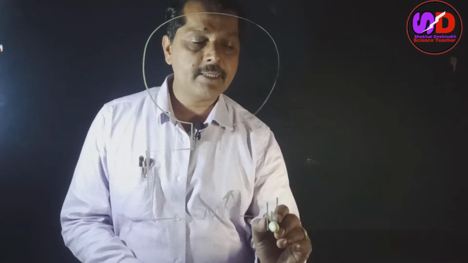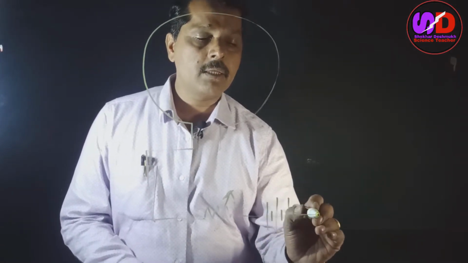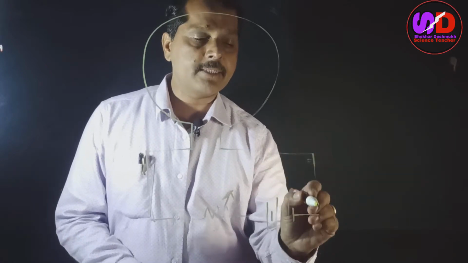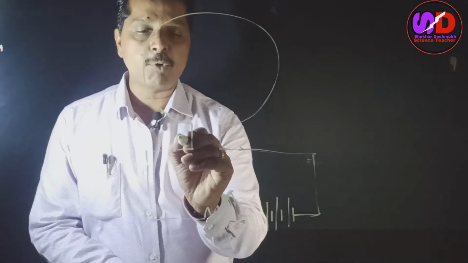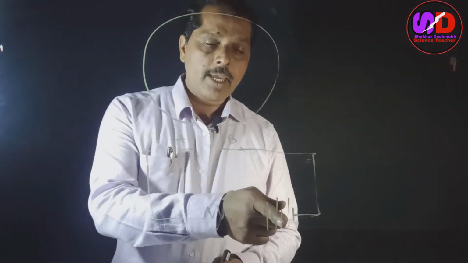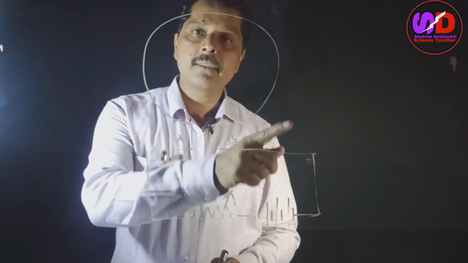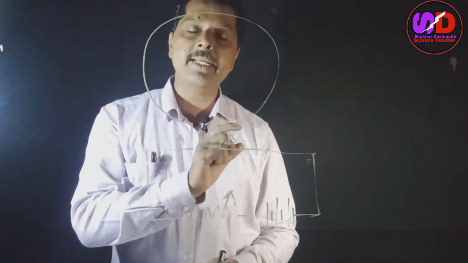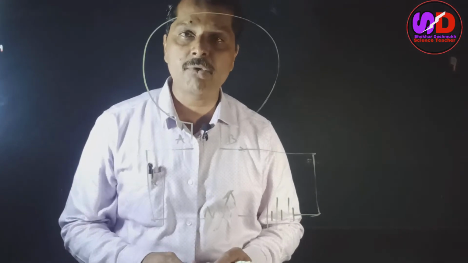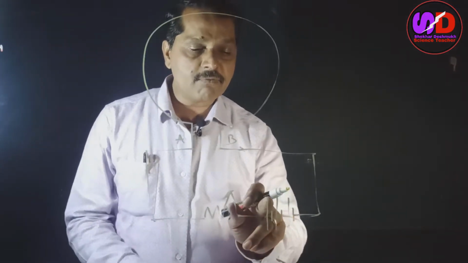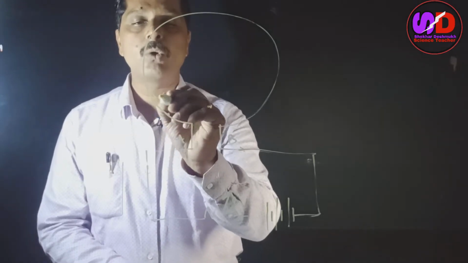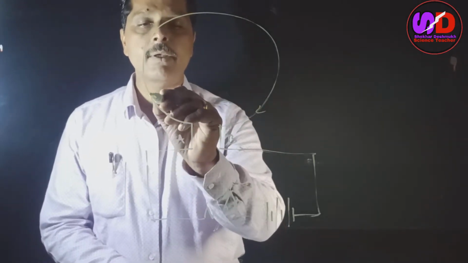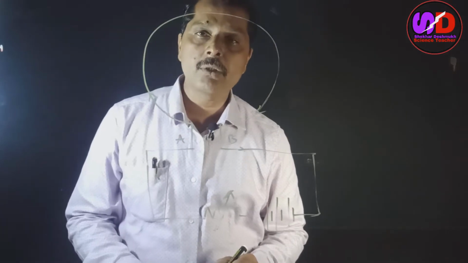Then a battery, and if we connect it here like this, this is point A, this is point B. As soon as we start current flowing through the circuit, the current flows from positive to negative. That means it is flowing from A to B in a circular loop.